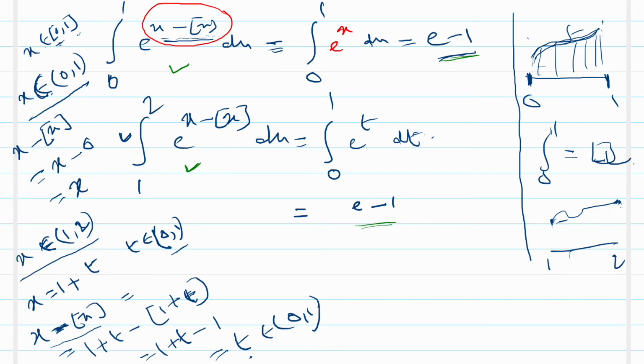To revise things, we shall also calculate for the third component, the integral from 2 to 3 of e power x minus box x dx, right? Again the idea is this.